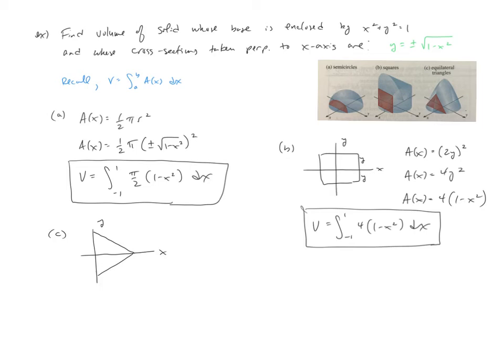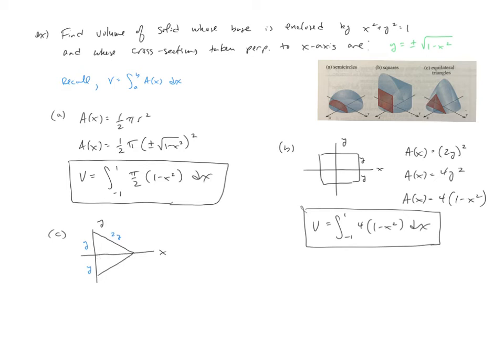Since it's equilateral, if I call this side 2y, then this would have to be y, and that would have to be y. It's got to be equal length on all sides. The reason we label it like that is so that we can figure out this height as well.